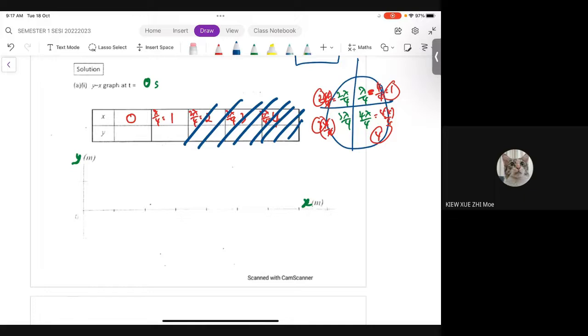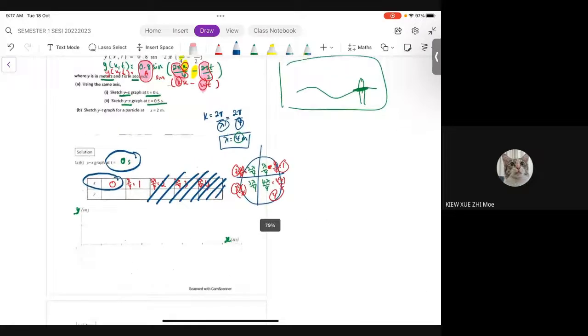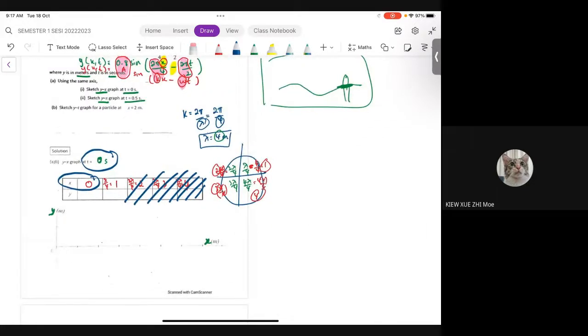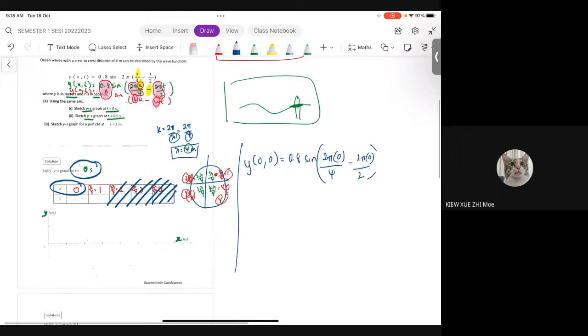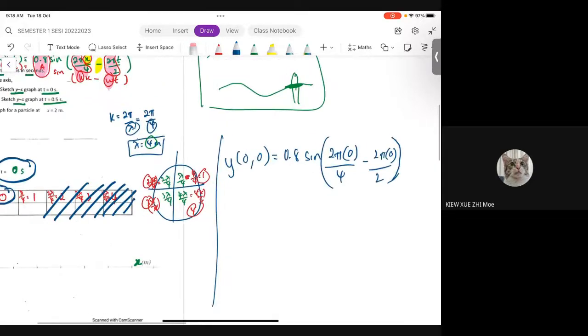So we start with t = 0, x = 0. What you have to do is use the formula from earlier. y at x = 0, t = 0: the formula we split earlier, sin of 2 pi 0 over 4 minus 2 pi 0 over 2. If you look at my equation, here is 0 and here is 0, because it is 0, 0.